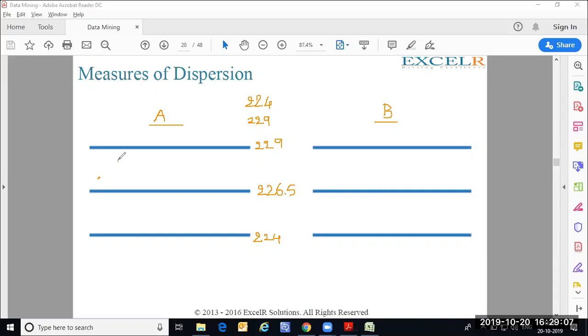Machine A produced the balls, which look like this. Right? And machine B has produced the balls, which look like this.